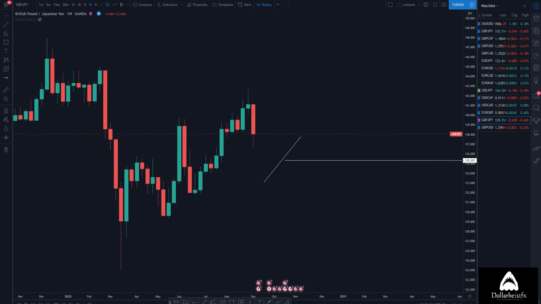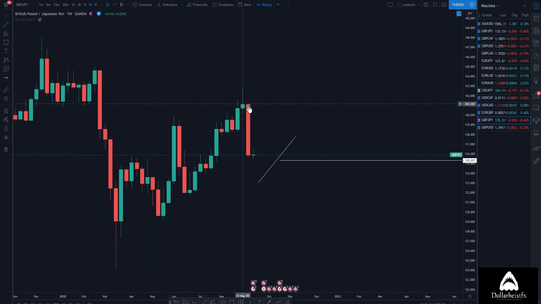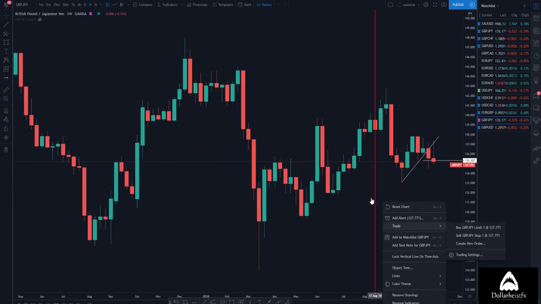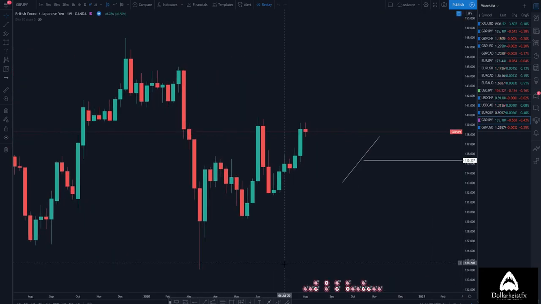Oh, it hasn't closed yet, sorry. This is the 1 week candle. Each and every week it will form a new candle. That is the basic stuff.